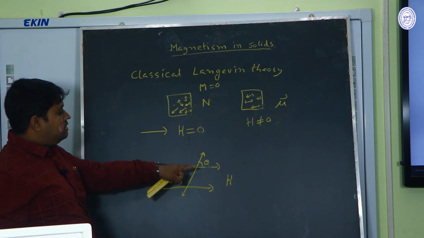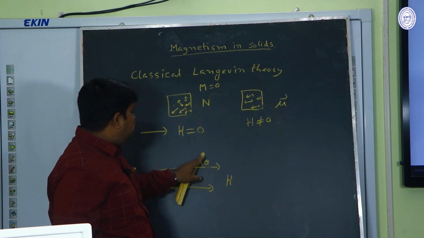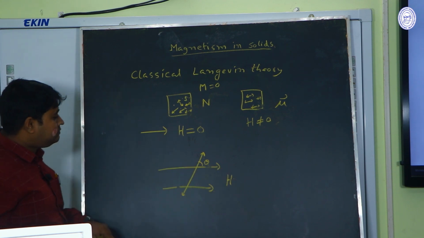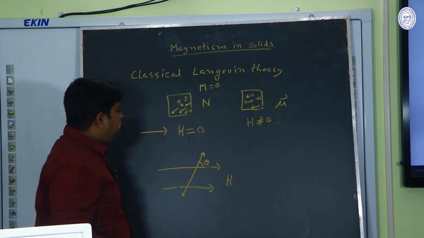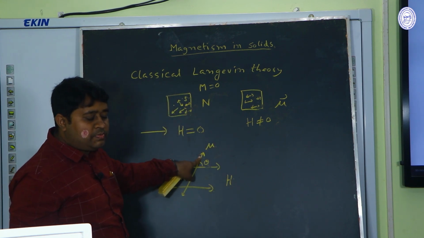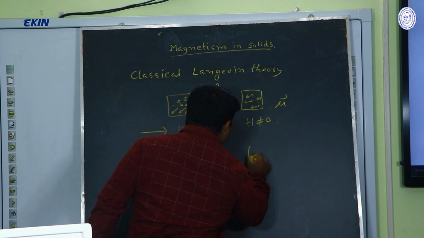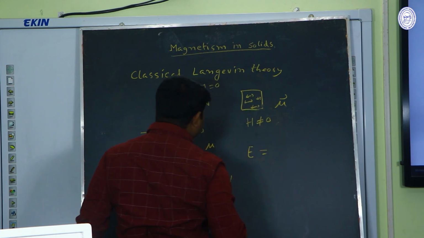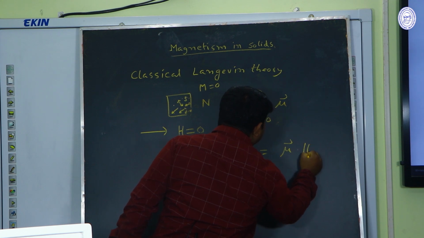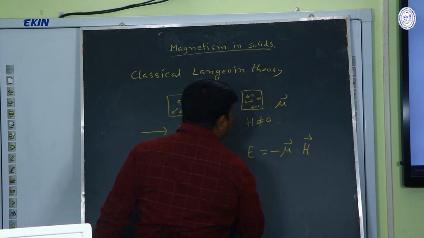Theta is the angle the dipole moment makes with the external magnetic field. So the potential energy of the dipole is equal to the magnetic dipole moment times the magnetic field intensity with a negative sign.